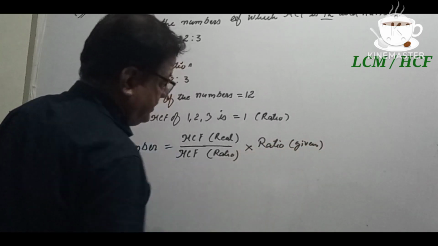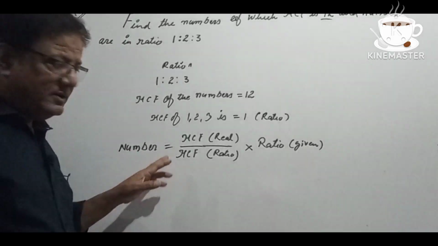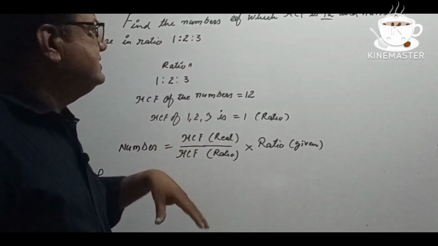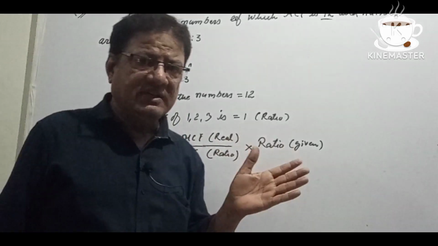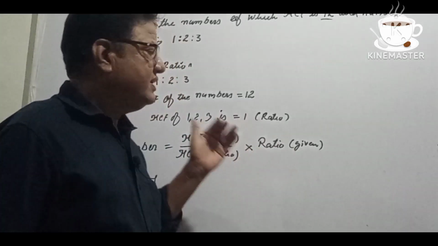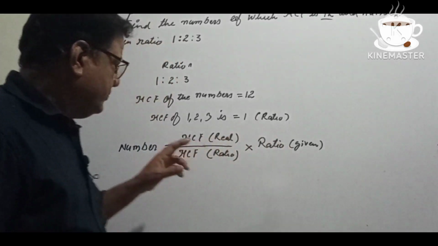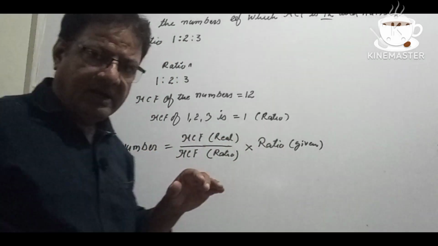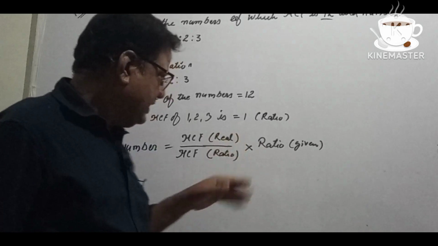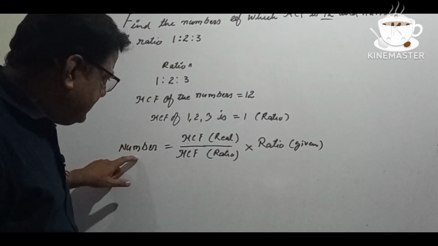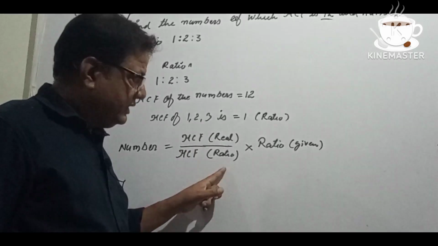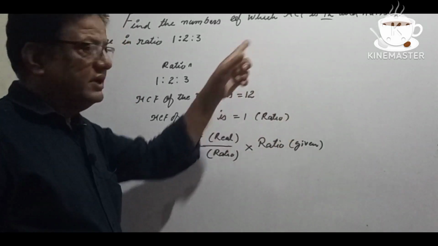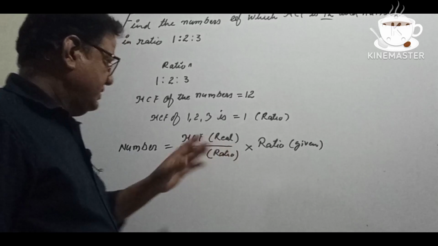This formula can be used to find the numbers which are missing, but their ratios are given. So once again I would like to explain this formula. Find the numbers equal to HCF real upon HCF ratio, multiply the ratio given in the question.